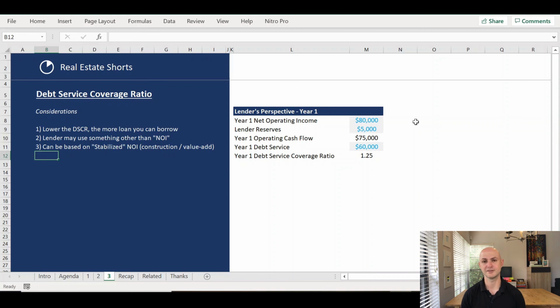Another great context of this is in a property that's mostly vacant or not even built. So let's take a look at construction as an example. The lender would likely impose a minimum debt service coverage requirement within a certain amount of time upon completion. So let's say it takes you 12 months to build a property. The lender is going to understand that you may not be 100% occupied day one.